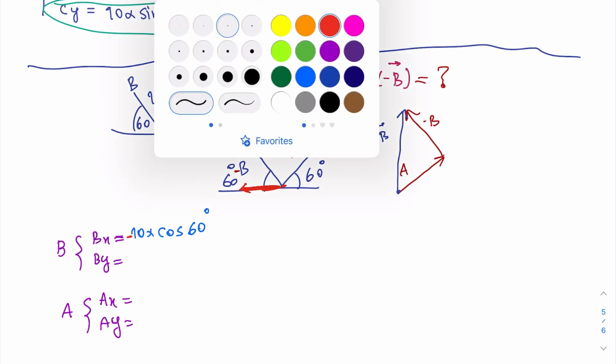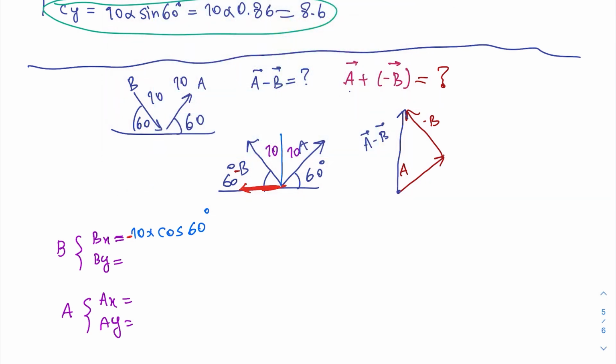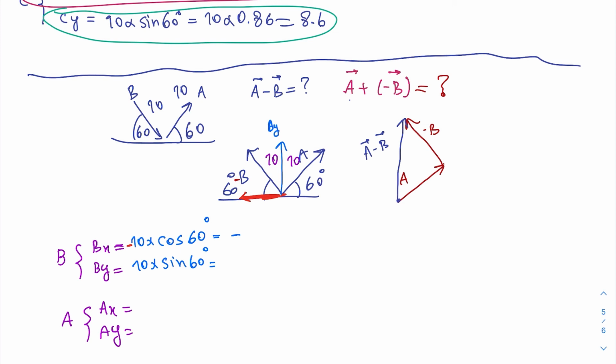By should be in this direction, so this is B sub y. It will be 10 times sine 60 degrees, which is equal to 10 times square root of 3 over 2, which is 5 square root of 3.